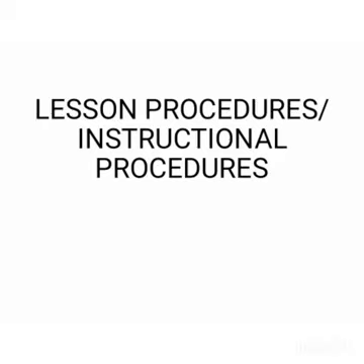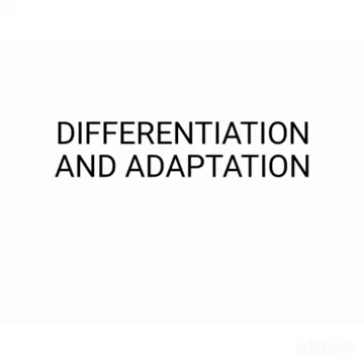Then the next one after the lesson procedure, I gave you another component, which is differentiation and adaptations. Differentiation and adaptation is the considerations for meeting the diverse needs of the learners, including modification, accommodation, or extensions to support students with varying abilities, learning styles, or language proficiency.